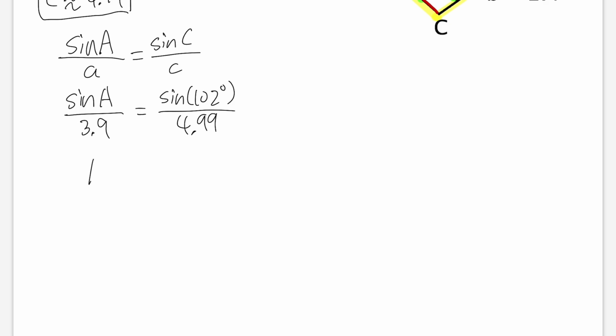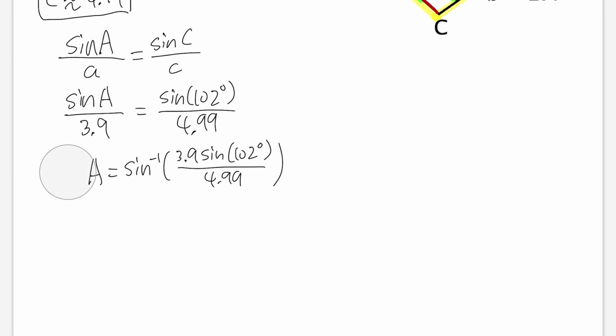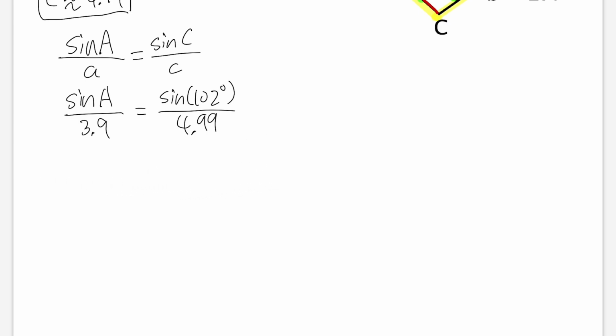So A will be the inverse sine of 3.9 times sine of 102 degrees over 4.99. So you can just write it down like this. I don't mind. But of course, if you want to show all the work, then you just take 2 steps. So let me also do that just to review with you guys.